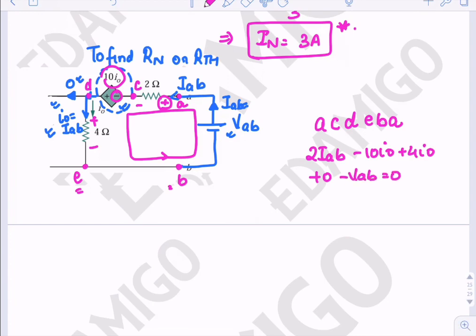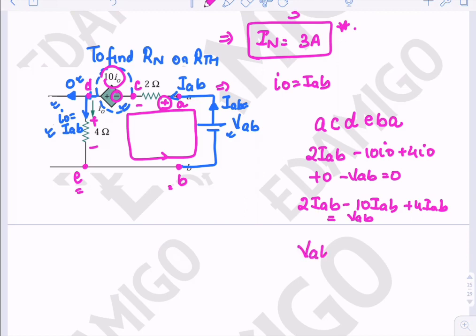Now as we know that I0 equals IAB, so it is 2IAB minus 10IAB plus 4IAB equals VAB. So VAB is equal to minus 4IAB. This implies RTH is equal to minus 4.